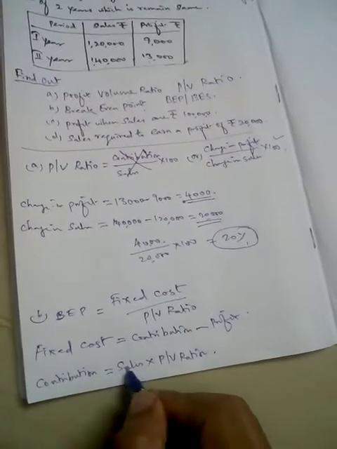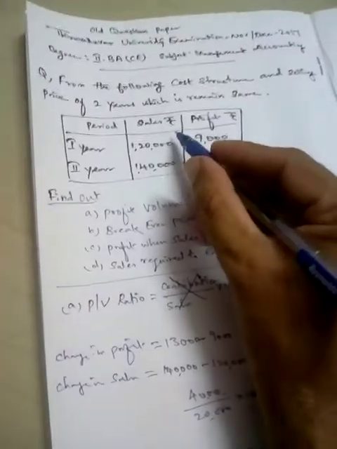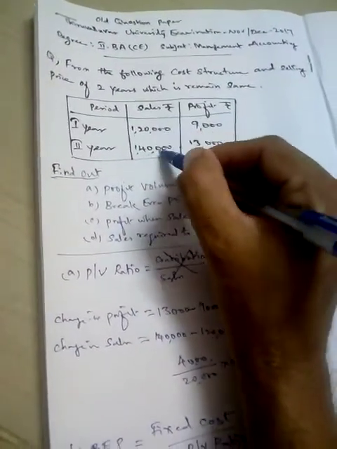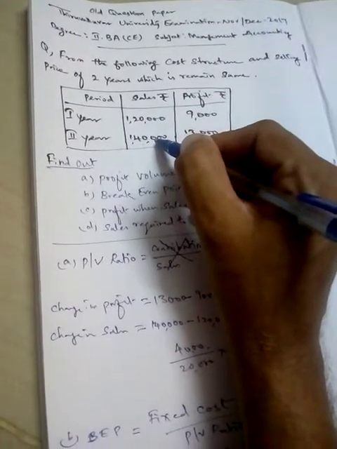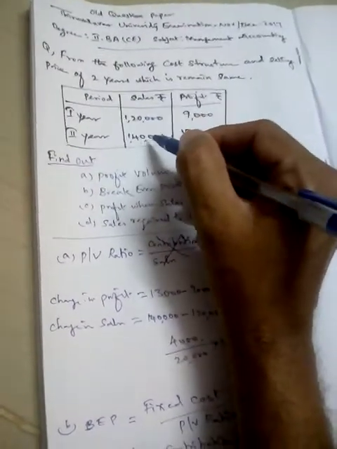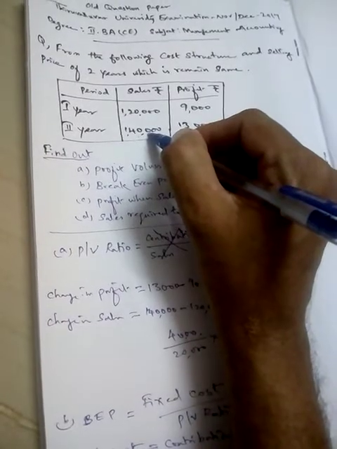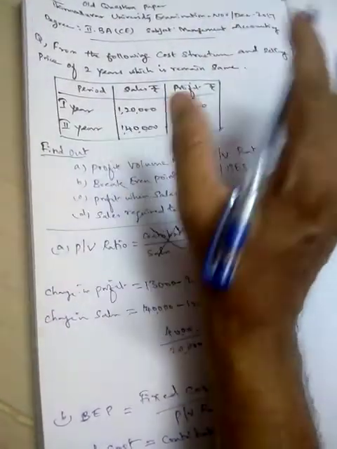In the question two sales are given, so which one should we take, first year sales or second year sales? You can take any one.